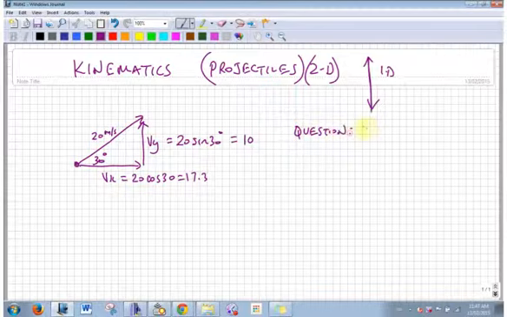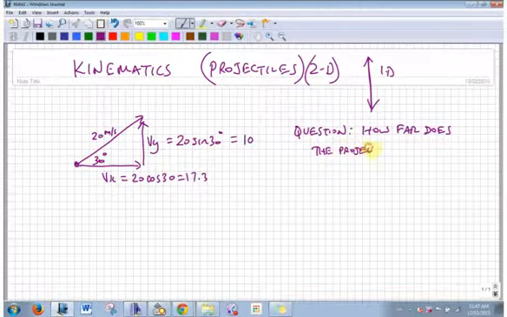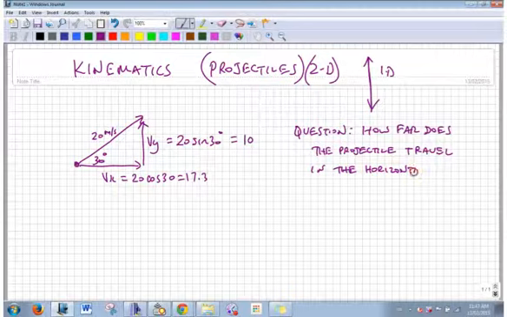Question. How far does this projectile travel in the horizontal direction?